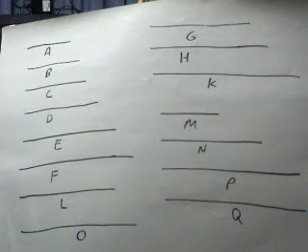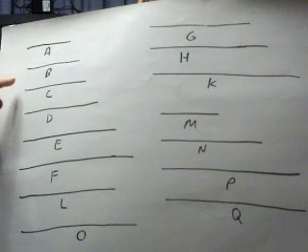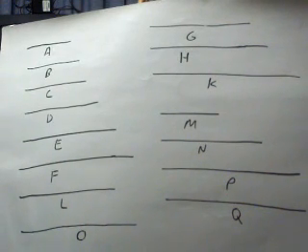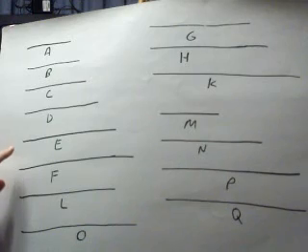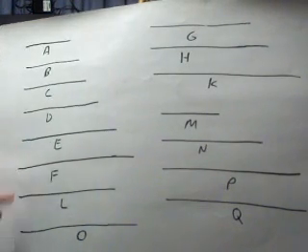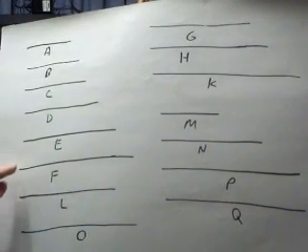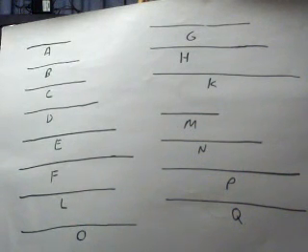Now as A is to B, so is B is to C. Therefore, D, L, and E are in the same ratio with E, O, and F. So in other words, as D is to L and L is to E, so also is E to O and O to F. They're in the same ratio.